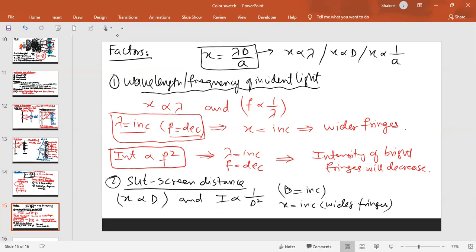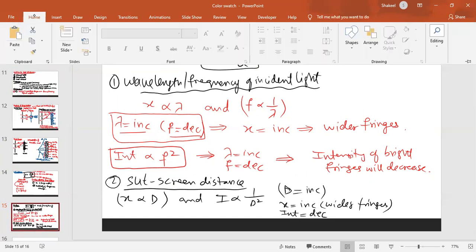And as d increases, intensity decreases. So the intensity of the fringes will decrease, because when you move the screen away from the slits, of course less light will be reaching there. So the fringe intensity will be decreasing.